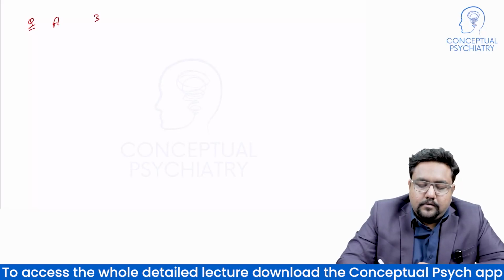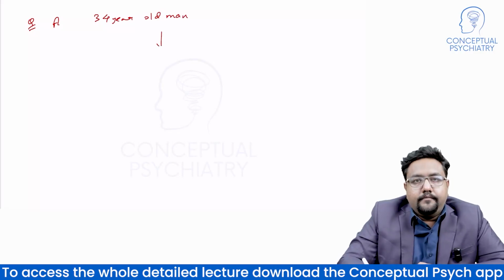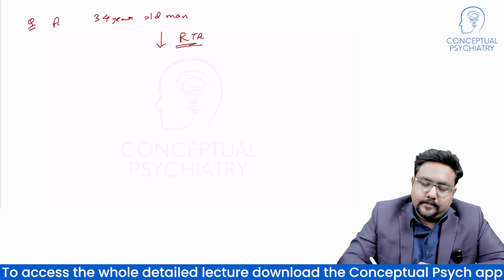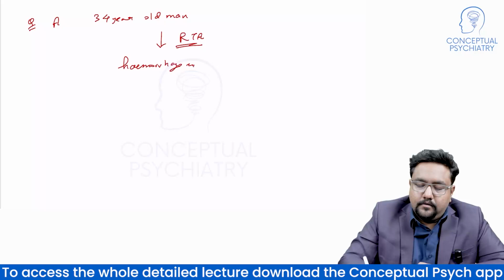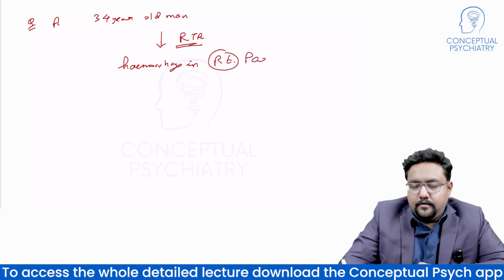A 34-year-old man has an RTA, road traffic accident. After that, he has a hemorrhage in the right parietal lobe.